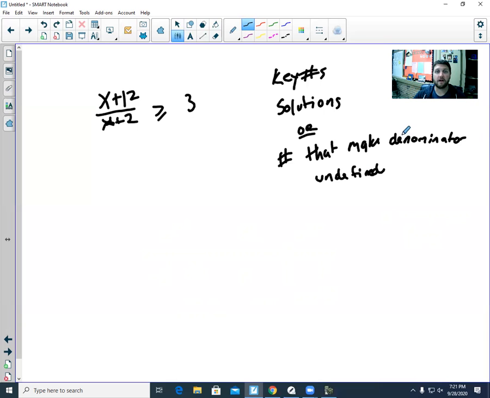So they are either solutions to the expression, or they are answers that make the denominator undefined. Those are the key numbers that we're going to be testing, and we're going to test them the exact same way that we just tested in the last one.